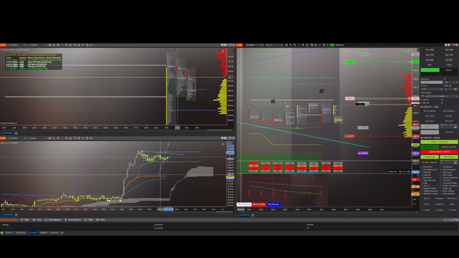I don't like that. My Show You dots are showing possibility to the upside. They're not agreeing with each other.